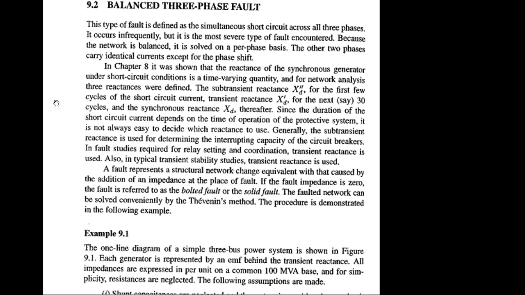It will be there in some problem. Actually, the bolted fault scenario is the case where you have fault impedance ZF as 0. ZF equal to 0 is referred to as a bolted fault or solid fault. So you may have a bolted fault, or you may have fault impedance given. If fault impedance is 0, in that case, that will be a bolted fault.